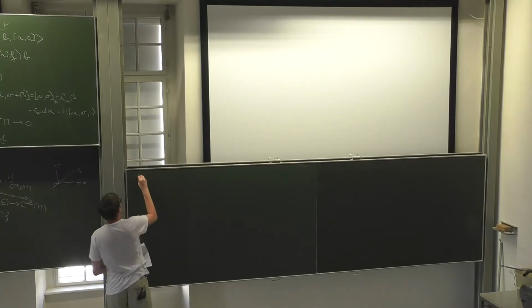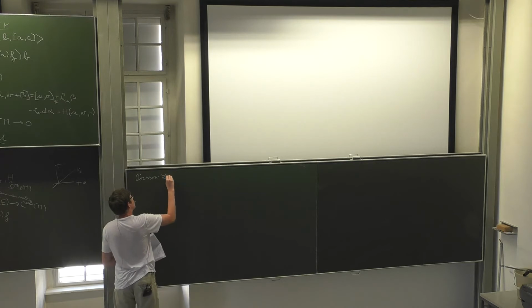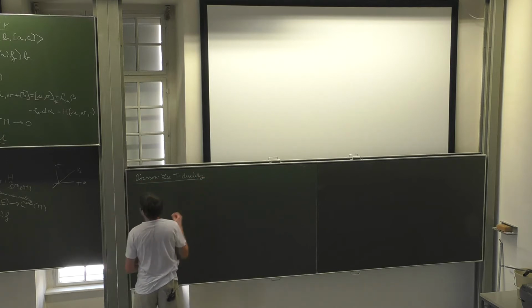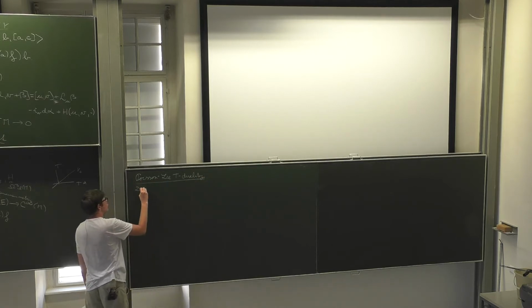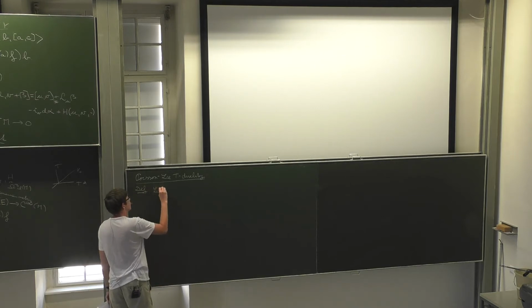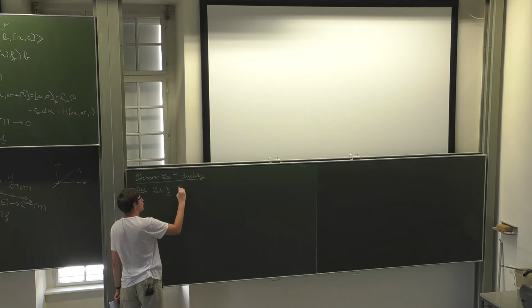So I will start with the following definition. Suppose we have two Courant algebroids, E over M and E prime over M prime.